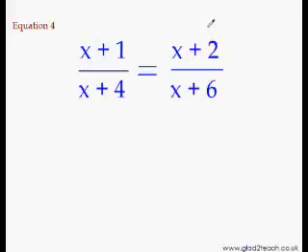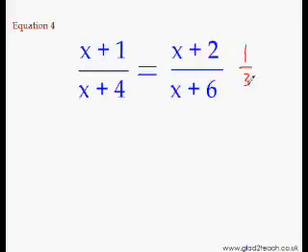So all we have to do is put some value of x which will make these two fractions equal. So let us first try putting x equal to 0. Obviously this fraction would become 1 over 4 and this fraction would become 2 over 6. 2 over 6 can be simplified further as 1 over 3.